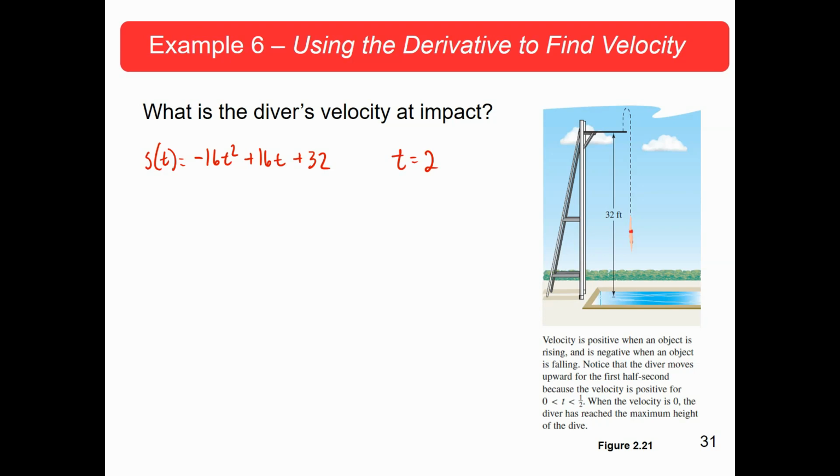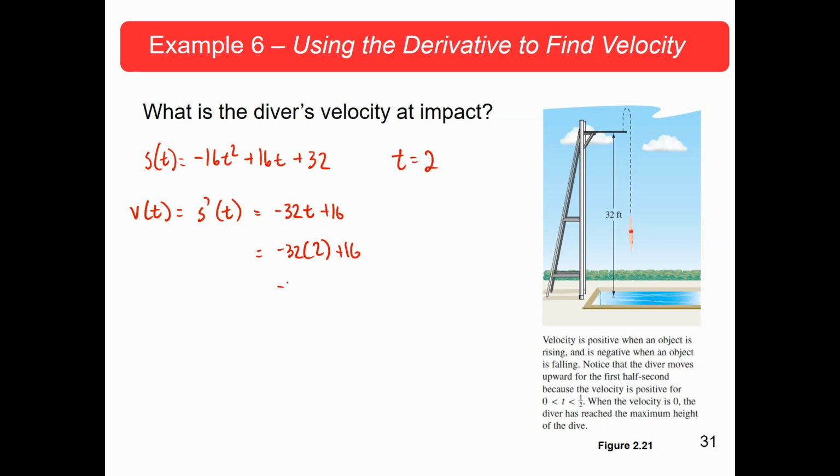Well, how do I find velocity? Well, I know that velocity is just the first derivative of position. So 2 times negative 16 equals negative 32t, with the exponent decreased by 1, and then plus 16 because you just take the number in front of t. So we plug in t equals 2, we get negative 32 times 2 plus 16.